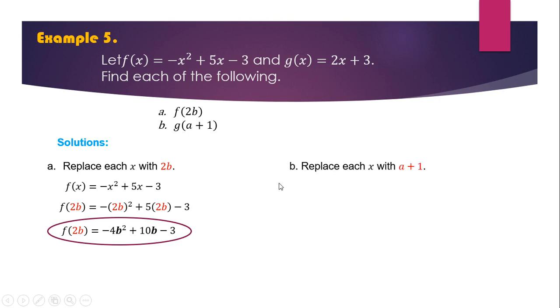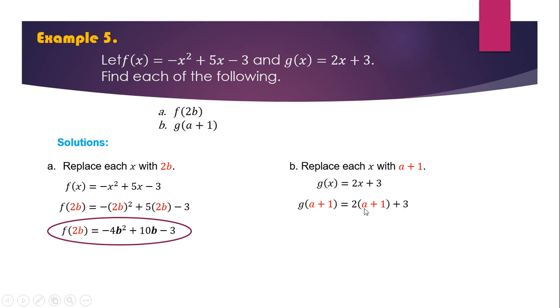So for letter B, we're just going to replace x with a plus 1. So g of x equals 2x plus 3. Replace x by a plus 1. It becomes g of a plus 1 equals 2 times the quantity of a plus 1, plus 3.